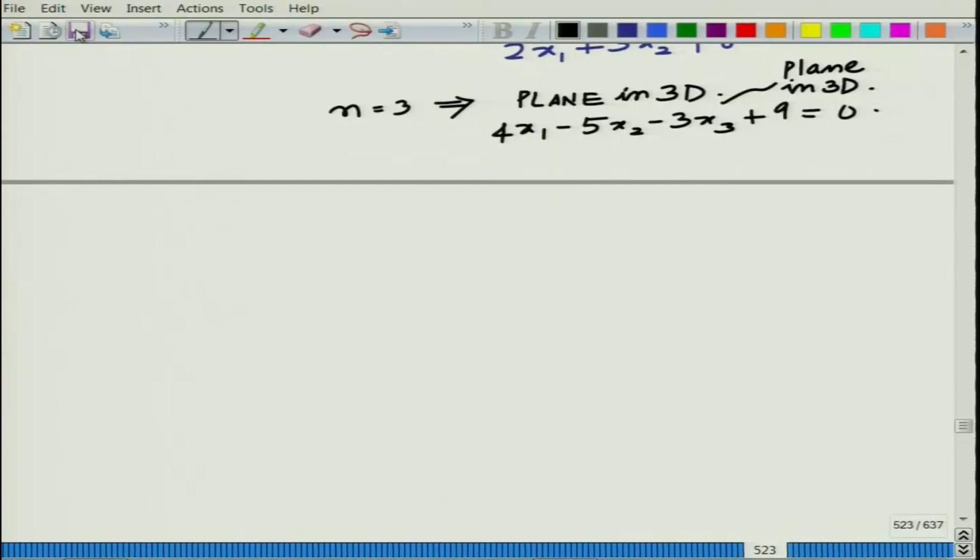And the generalization of this to n dimensional space is a hyperplane.